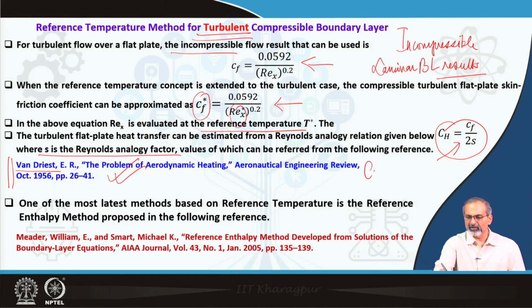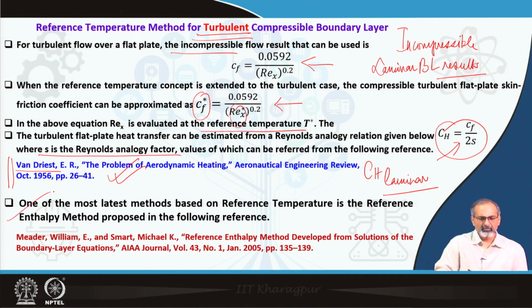In a similar way, you can also do predictions of the CH for the laminar case, which I haven't explicitly discussed over here, but if you plug in the Reynolds analogy for the laminar case, you can similarly do a prediction for that based on the skin friction calculations that we have discussed already.